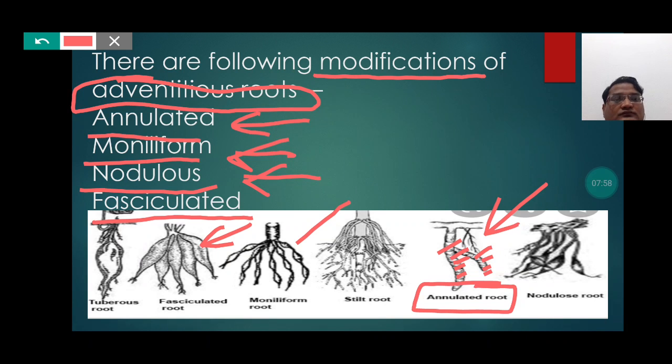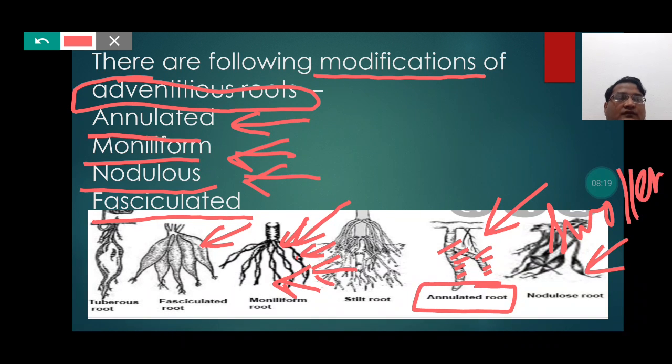The moniliform, where huge number of bead-like structure remains present. The nodulated, where there is presence of swollen regions. And fasciculated, where you can find the swollen regions in the middle and the tapering ends at the top and bottom regions.